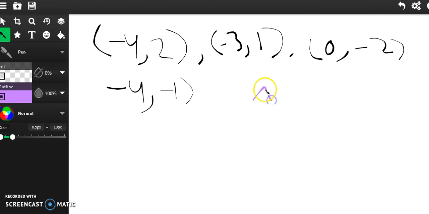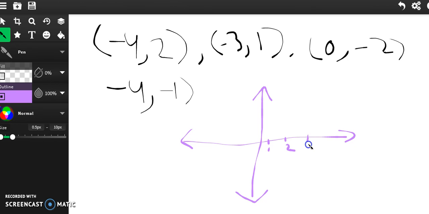Let's start off by drawing the coordinate plane. So this is a weird looking coordinate plane, but it's good enough. And I'm going to label them. So 1, 2, 3, 4. I think 4 is enough.